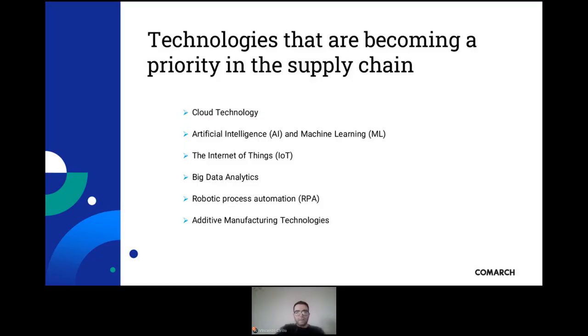As you can see from this slide, companies today can use different types of technologies to avoid, to anticipate, and also to overcome supply chain disruptions. Different supply chains, of course, can have different requirements depending on their kind of industry, current level of digitalization, or other important factors.